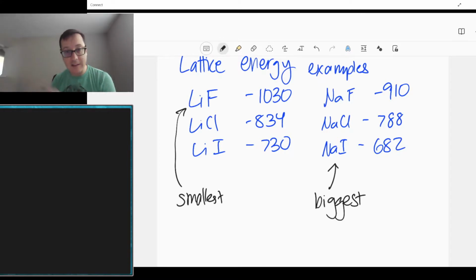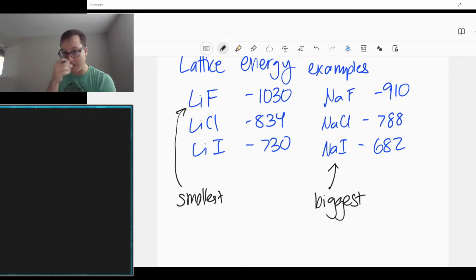And if we take a look at the lattice energy, as we keep putting on bigger halides, fluorine, chlorine, iodine, in both cases, our lattice energy is going down. Or up, I suppose, because it's negative, but it's getting smaller, absolute value-wise. There's less energetically favorable reasons to get together when you have bigger atoms or ions, and we'll see why.